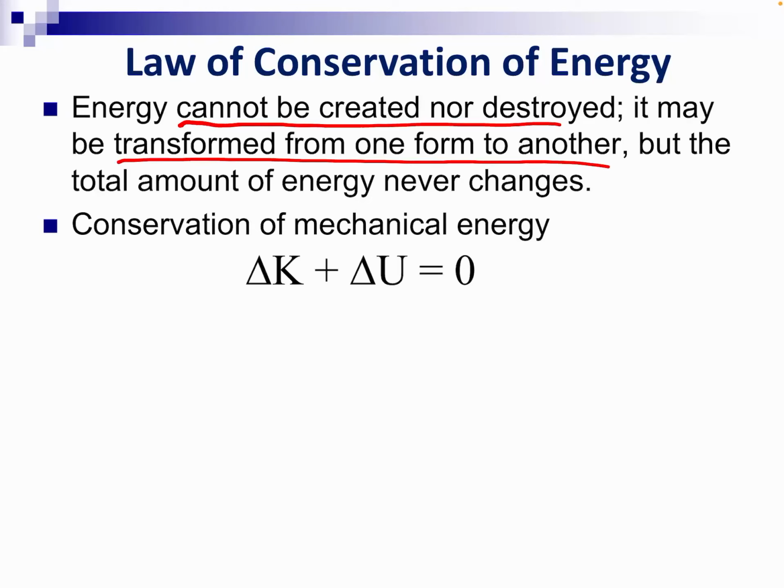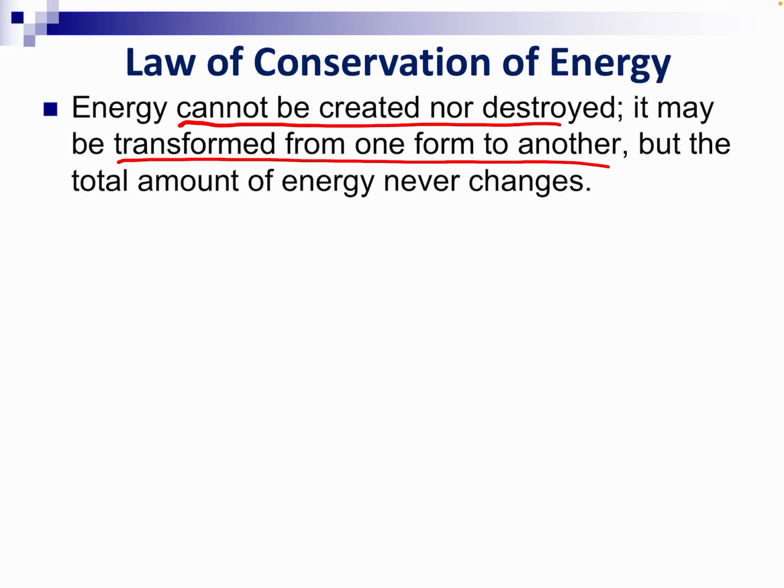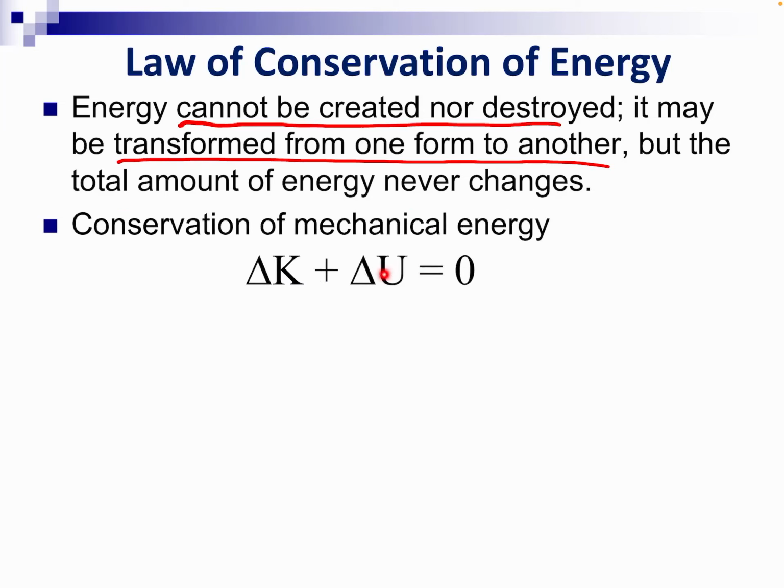In this case, the potential energy U is being transformed to the kinetic energy K. And because you have transformation of energy, you'll have a change in potential energy and a change in kinetic energy.